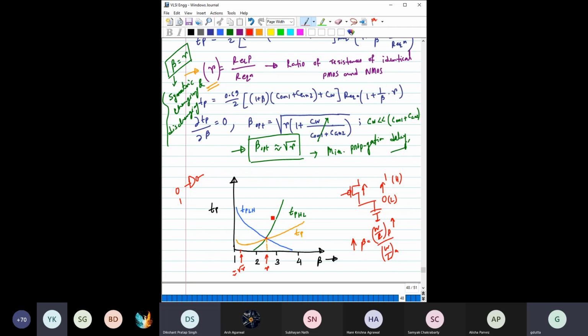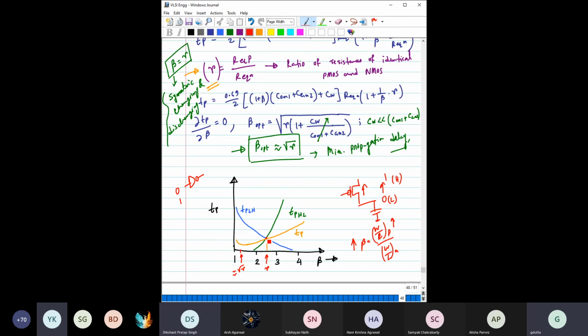Then you have to always keep in mind that TPLH is this, TPHL is this value. But if you define propagation delay such that it is the average, and in your design you also try to maintain that TPHL is equal to TPLH, then that problem would somewhat be solved.